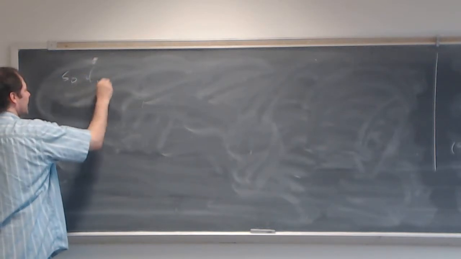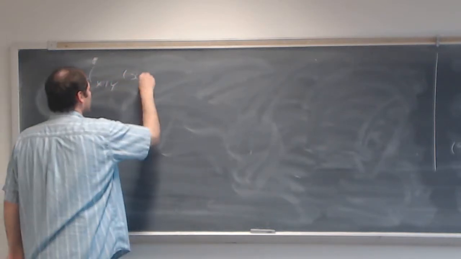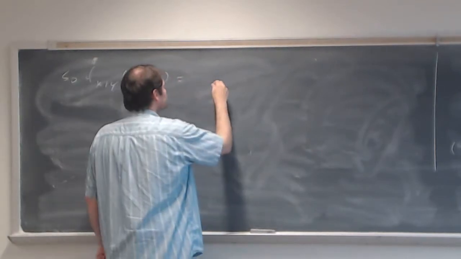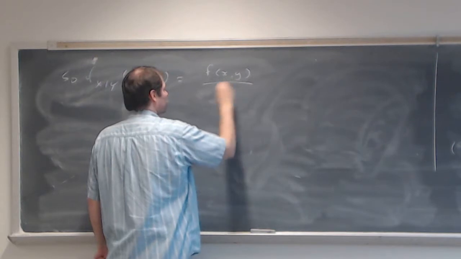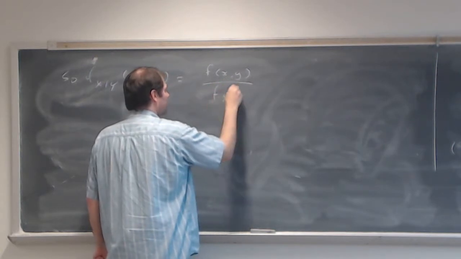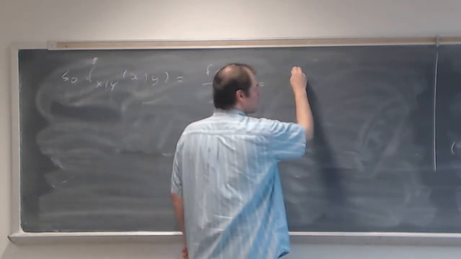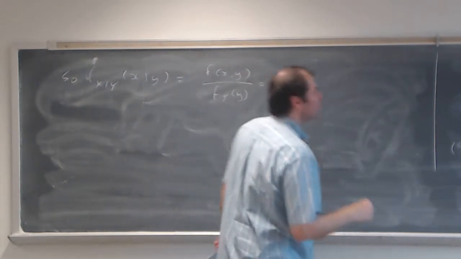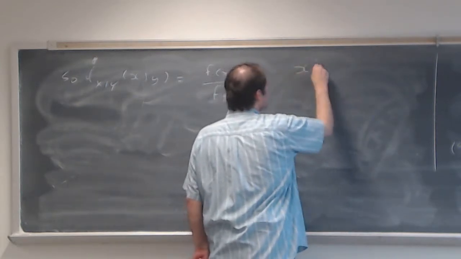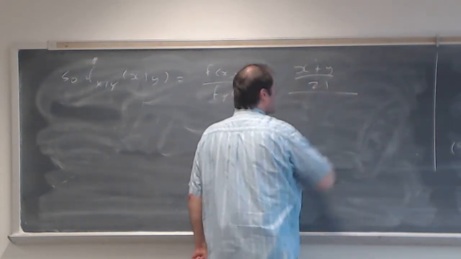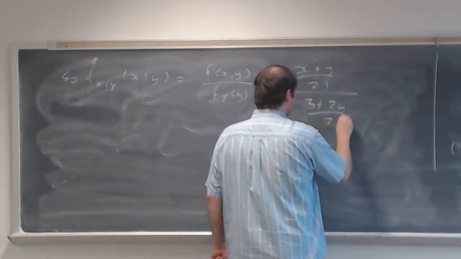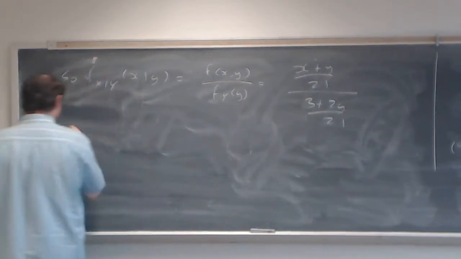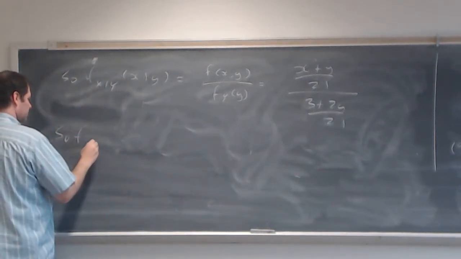So f of x given y is equal to f of x comma y, the joint, over f of y, and that's equal to x plus y over 21, all over 3 plus 2y over 21.